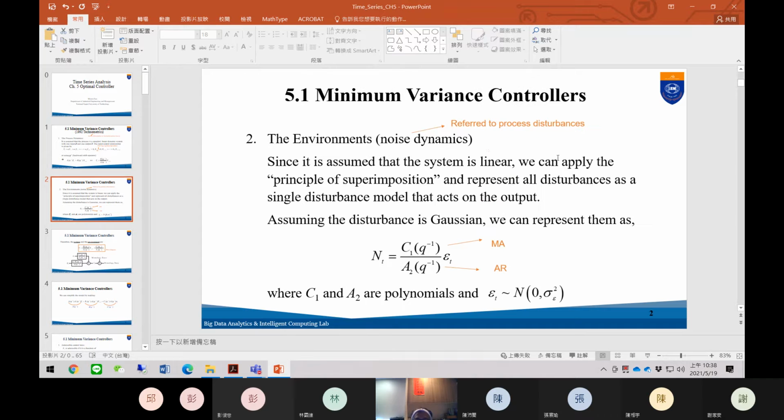Instead, the environment is referred to as noise dynamics, or called the disturbance system or process disturbances. The process disturbance is NT right here. Okay. So since we assume the system is linear, we can apply the principle of superposition.